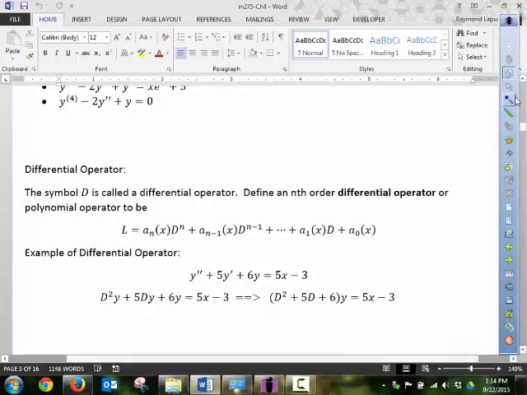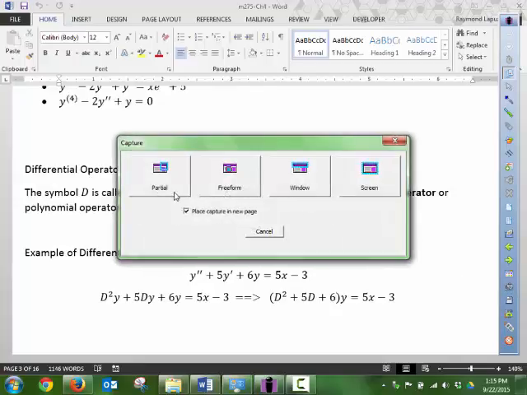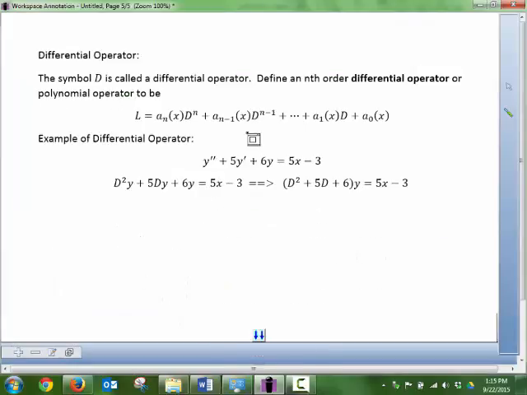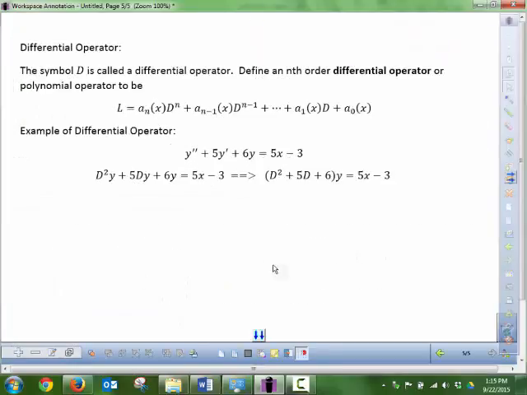Just to pile on a little bit more theory, there's this idea of what's called a differential operator. A differential operator is D. When you think of saying D of something, think of it as just a derivative. Usually we say d/dx, right?